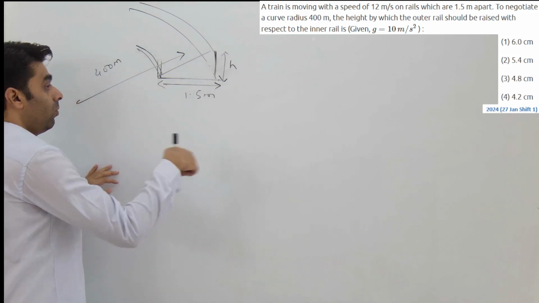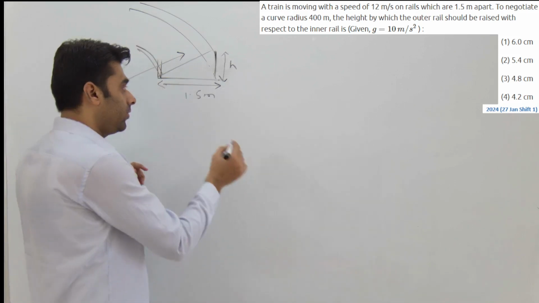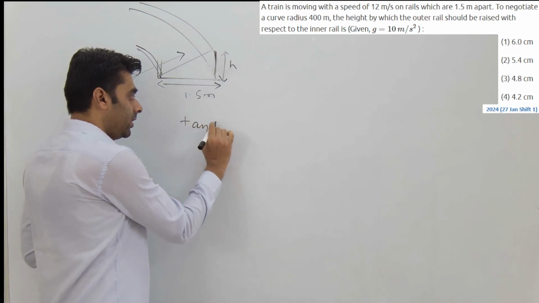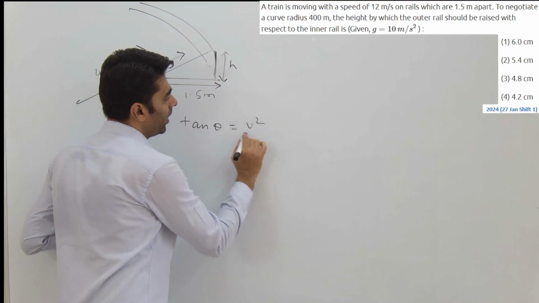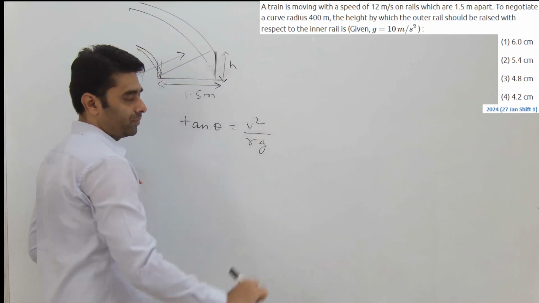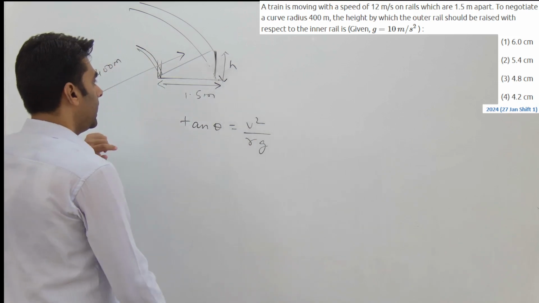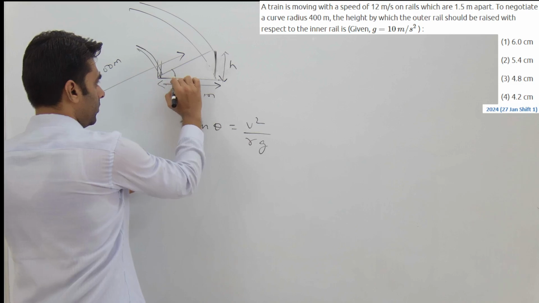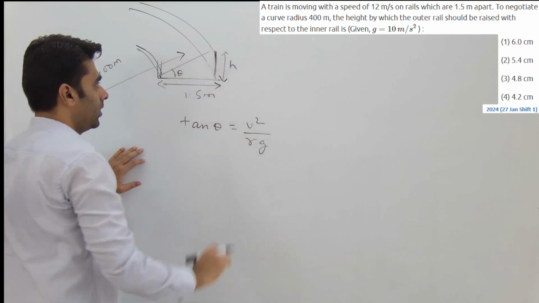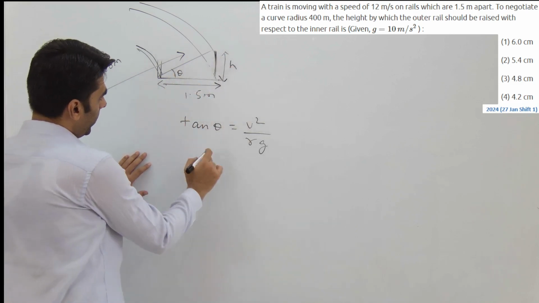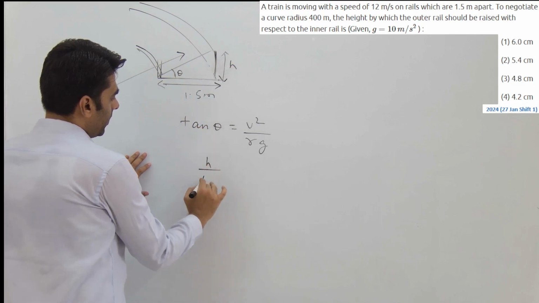Let us do, what is the relation of banking? Relation of banking tells us that tan theta equals v square by rg. Tan theta in this is your theta, so this is your theta. So how can we write it? Tan theta will be h by 1.5.